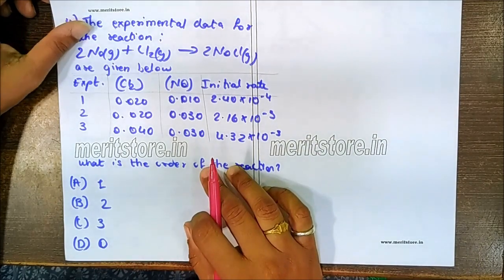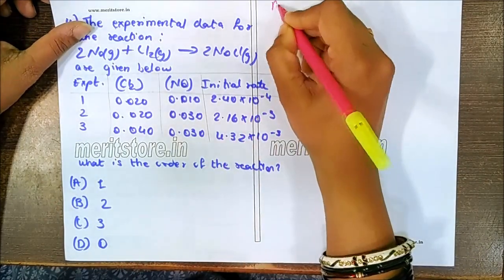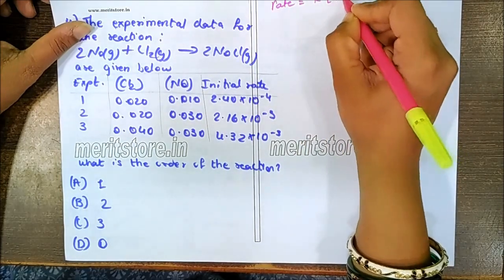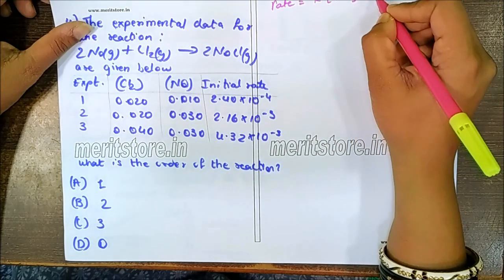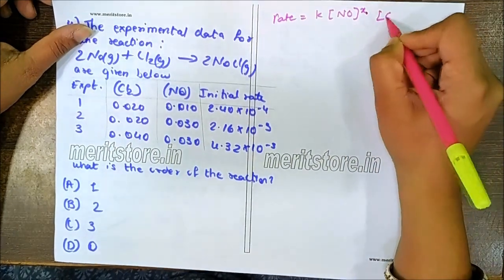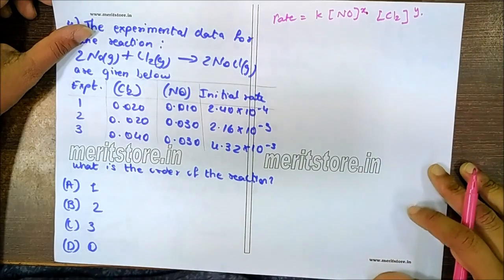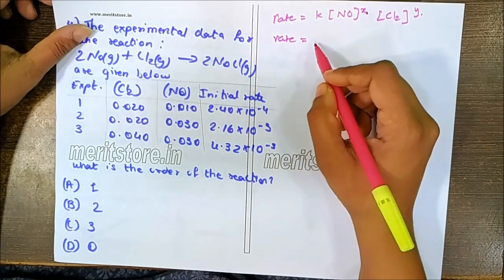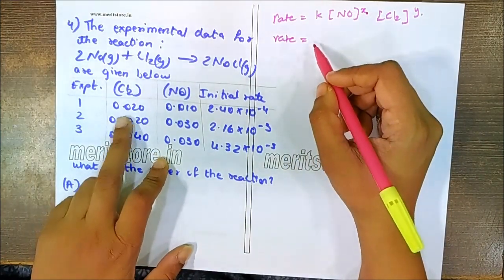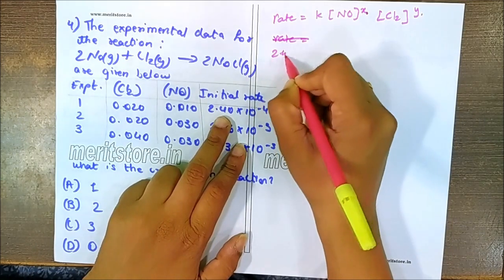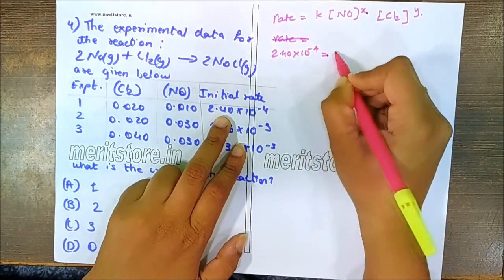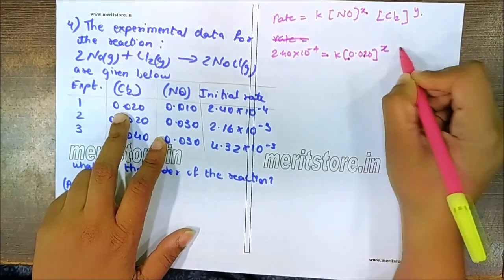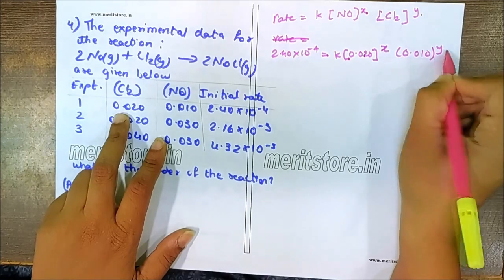This equation we can solve by taking the rate of reaction as K into the concentration of NO raised to, let's say, X, and with respect to Cl2, let us assume it as Y. So for the first equation, the rate of reaction 2.40 into 10 raised to minus 4 is equal to K into 0.020 raised to X into 0.010 raised to Y.